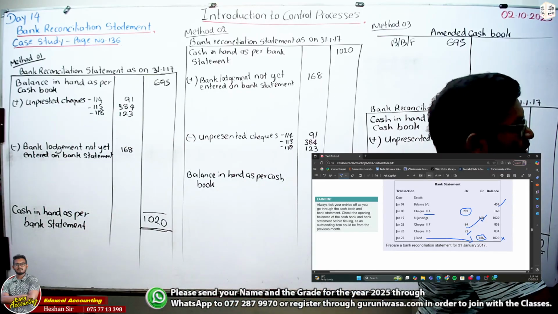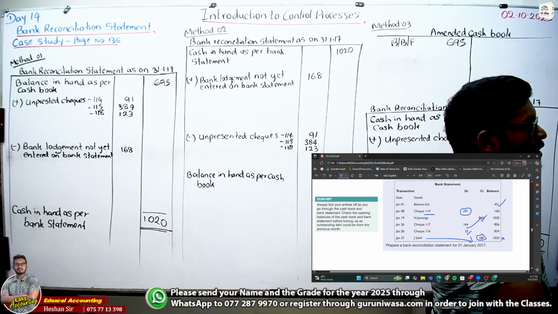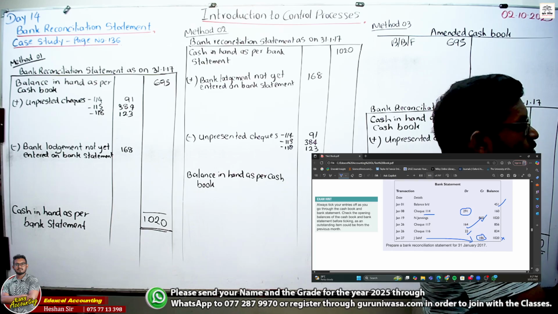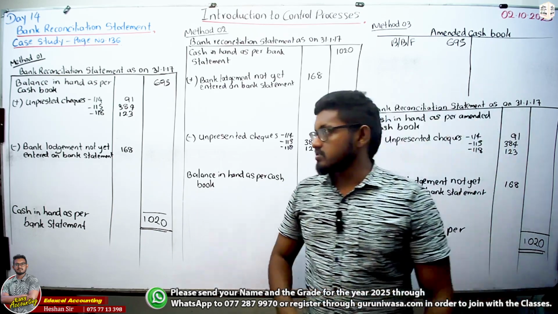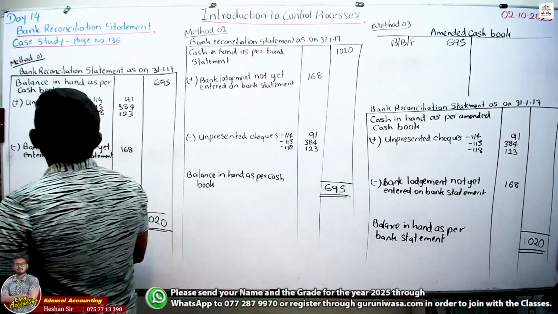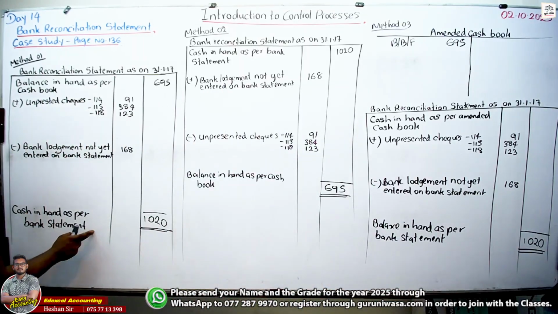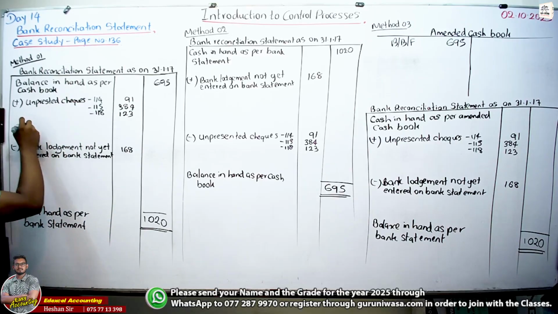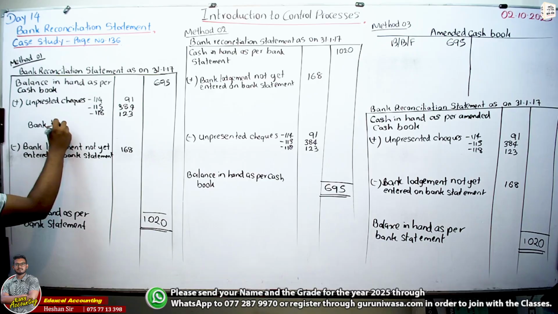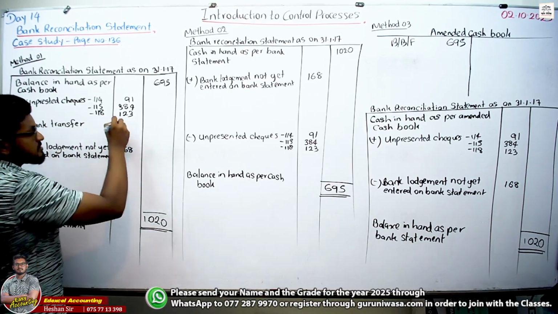Right? Okay. Now what do we call this one? Bank transfer, which means direct deposits. Someone directly deposited. In here this is 100 added, 90 plus 10 is 100. So this is a bank transfer. 186.